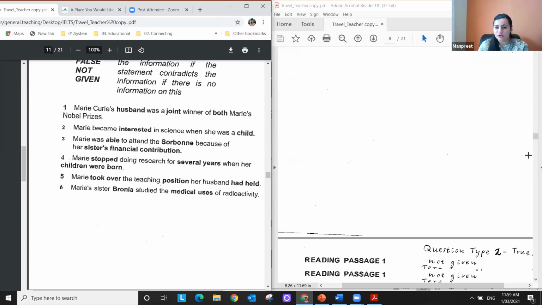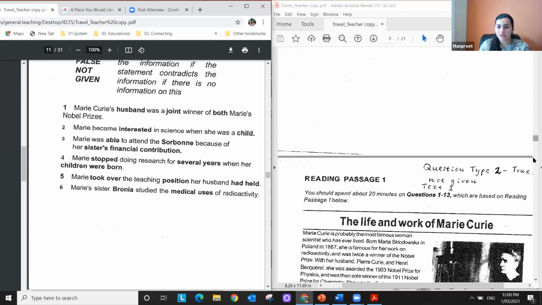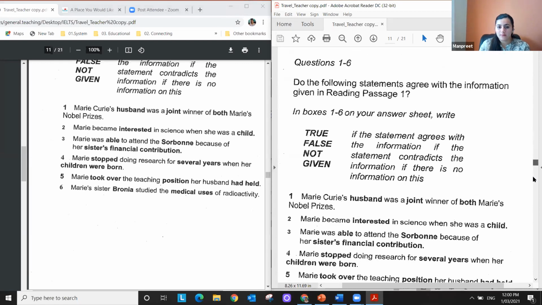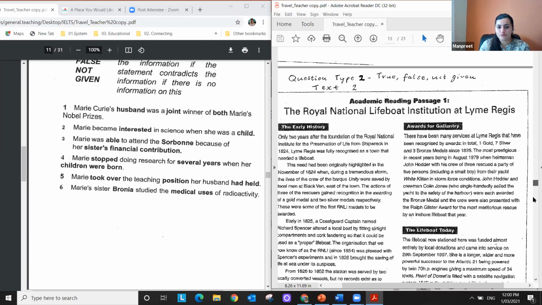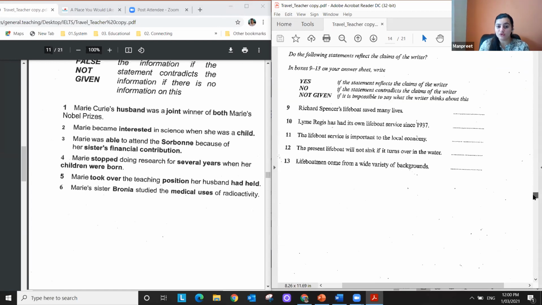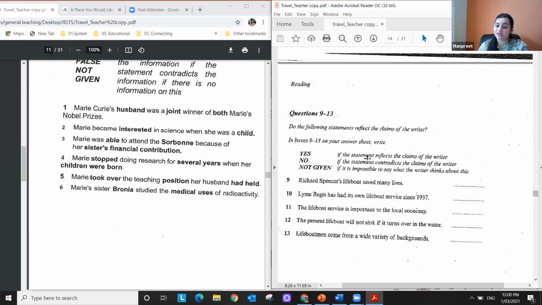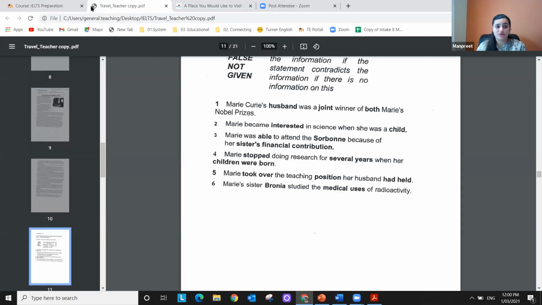There are true, false, not given questions on the next worksheet as well, which you can do at home. And I'm going to open the answer key for you to check the answers. Short answers would be done in the evening. So that's pretty much it for reading for now. If you have any questions, just let me know.